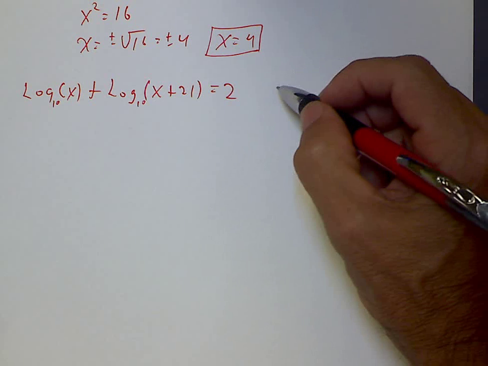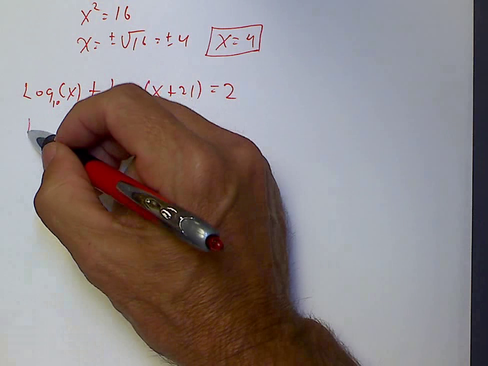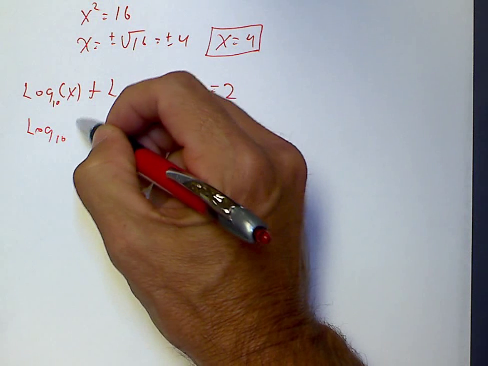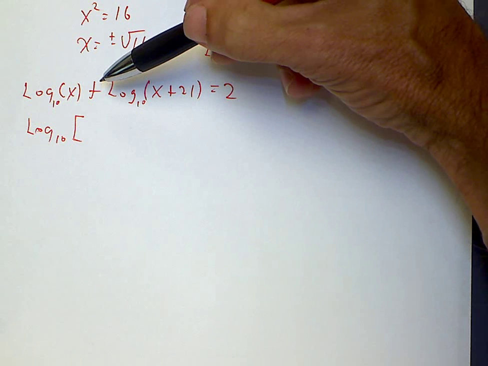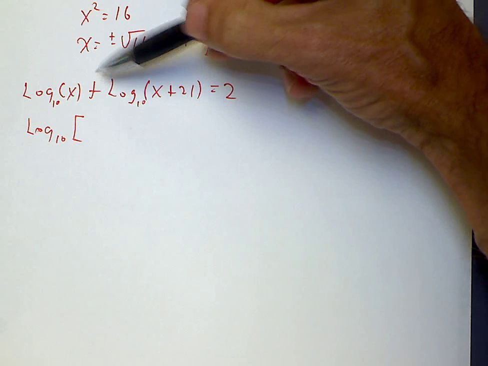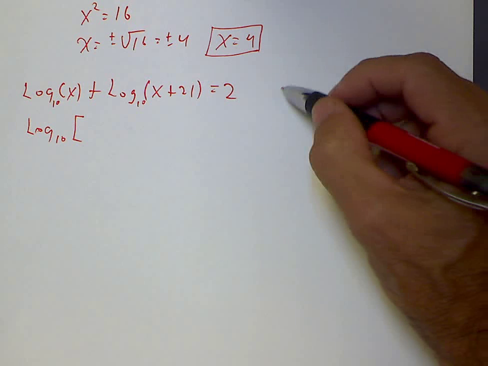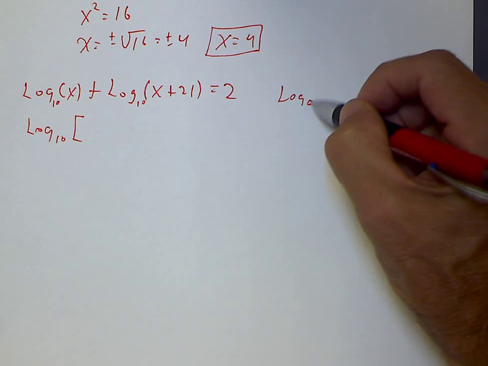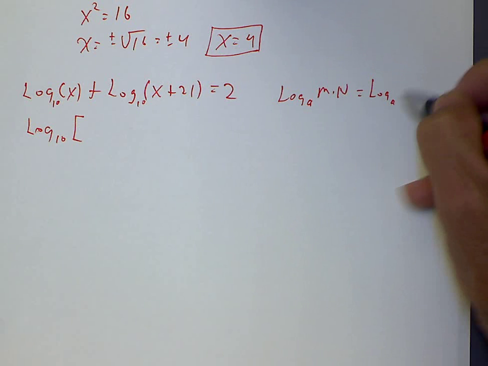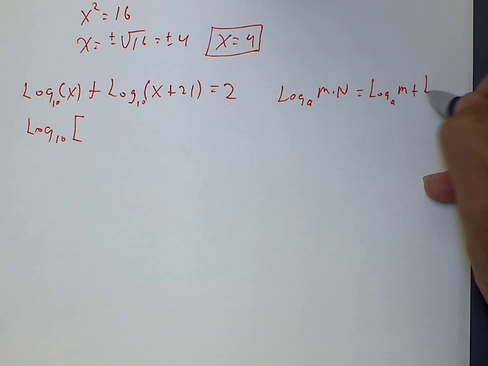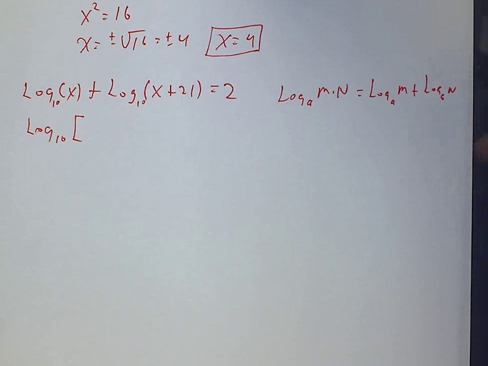That's really log base 10 of... remember yesterday, multiplication problems can be written as addition problems. So log base a of m times n can be written as log base a of m plus log base a of n. Well, same thing here.